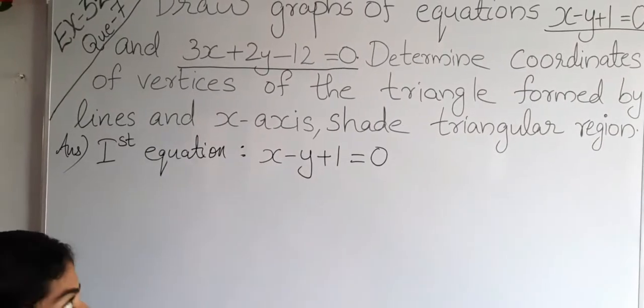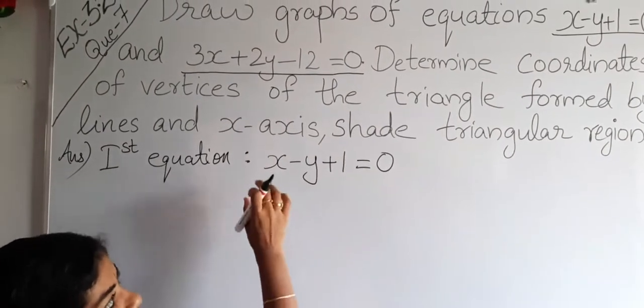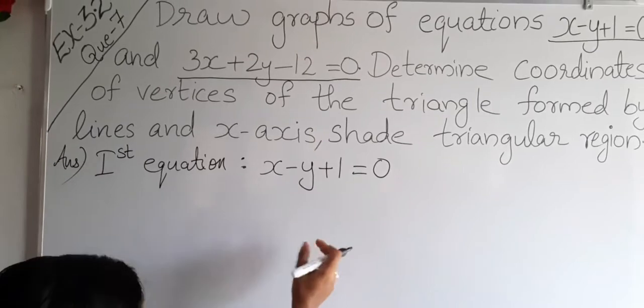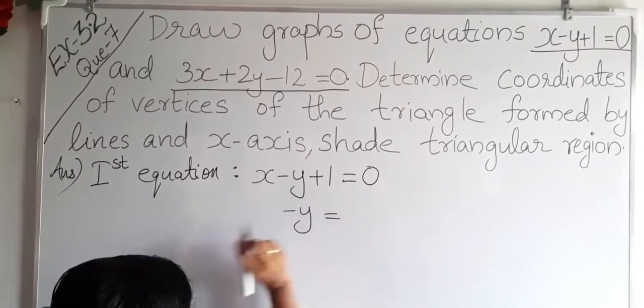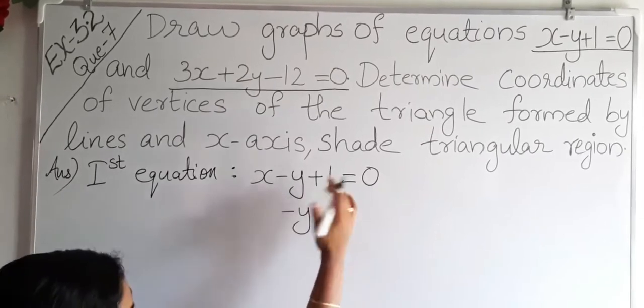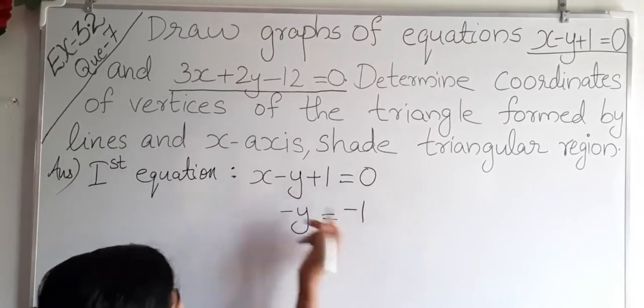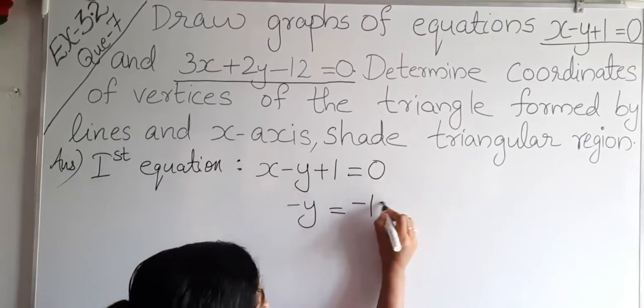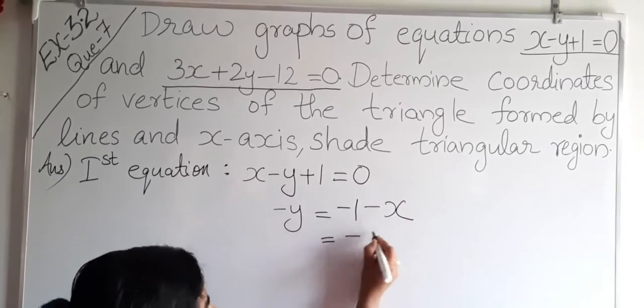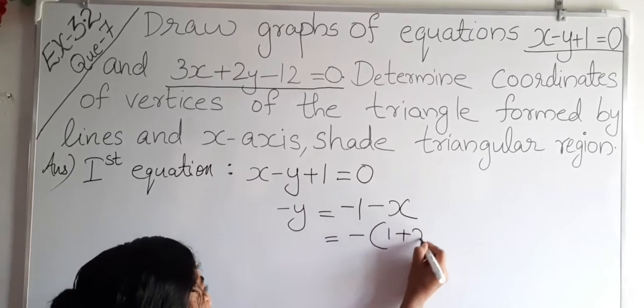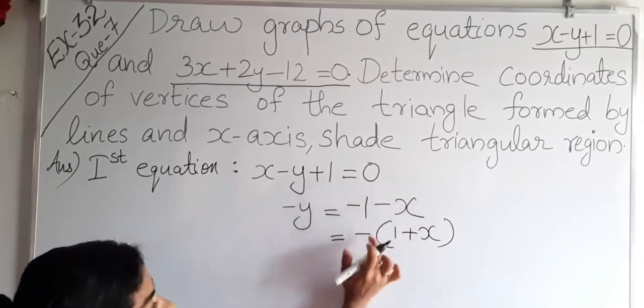From this first equation, we are going to write what y is. From this we can write minus y is equal to, this plus 1 will go to the right side as minus 1 and x will go to the right side as minus x. Now we can write the right side as minus of 1 plus x. The minus sign will come outside.